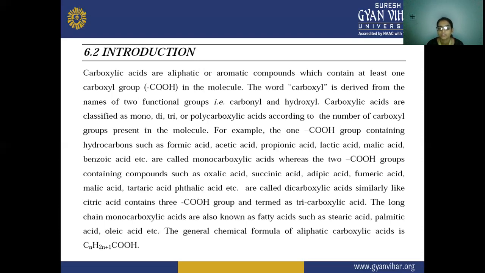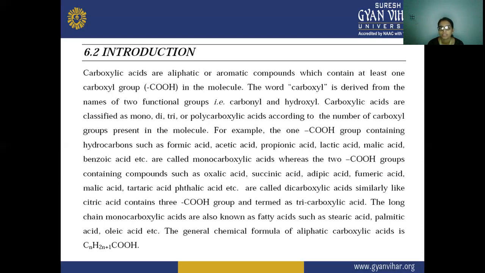The long chain is given the name fatty, and due to the presence of the monocarboxylic acid group, these are known as acids. For example, we have stearic acid, palmitic acid, and oleic acid. So these are the fatty acids.